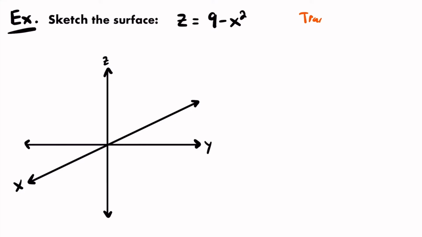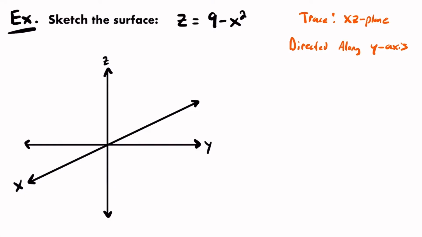So our trace is in the xz plane. And then what axis would the curve be directed along? Well, it will be the axis of the missing variable. In this case, we don't have y, so we will be directed along the y-axis.